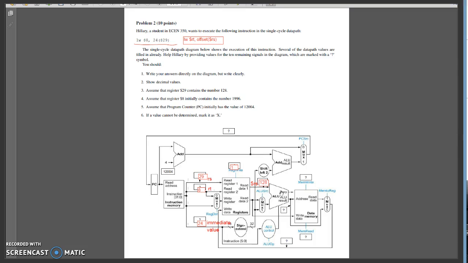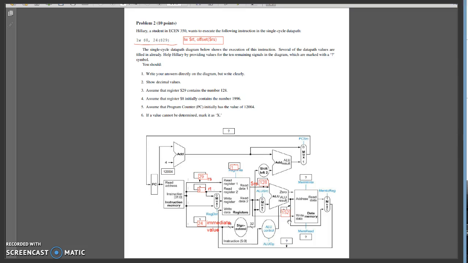So, for our ALU result right here, we add 128 and 24. We simply get 152. Took a little look at my calculator there.